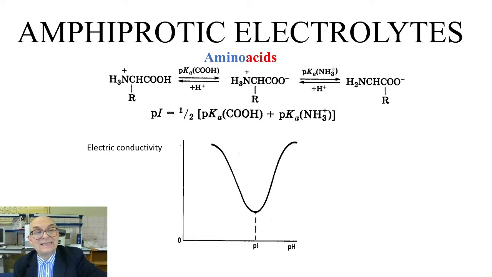It means that the second ionization constant, Ka of the amino group, is about 10 to the minus 9.